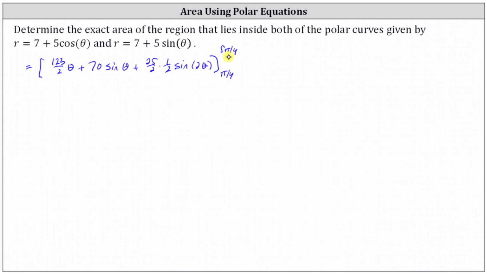Now we determine big F of 5 pi divided by 4 minus big F of pi divided by 4.